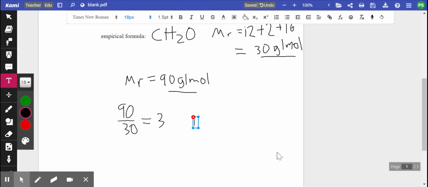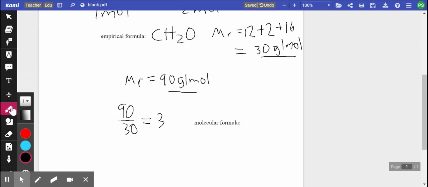And this gives us our final answer, the molecular formula, the actual number of atoms of an element in a compound. In this case, we have not 1, but 3 carbons, 6 hydrogens, and 3 oxygens. And that is our final answer.